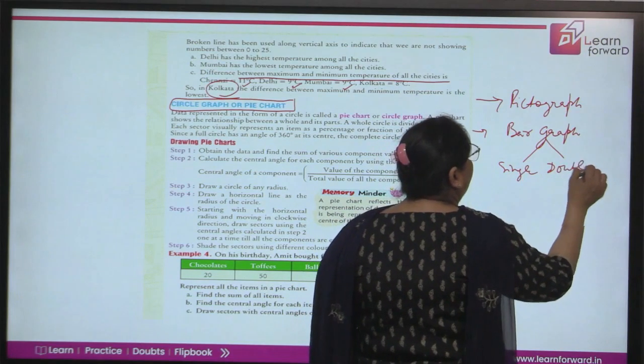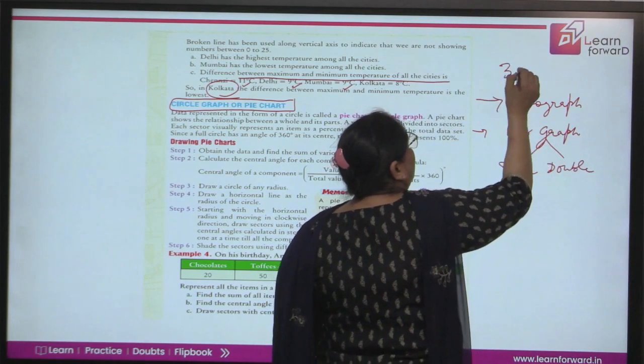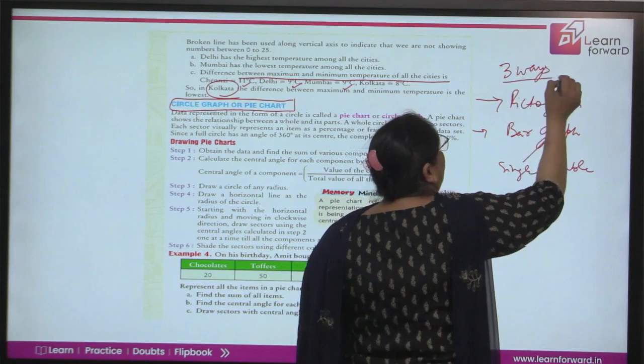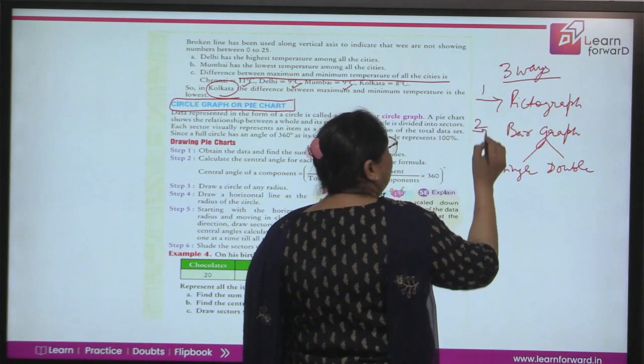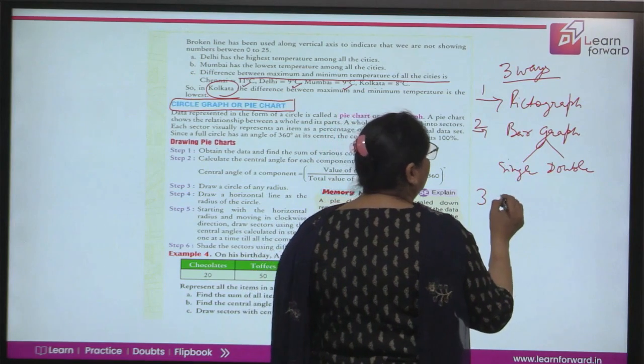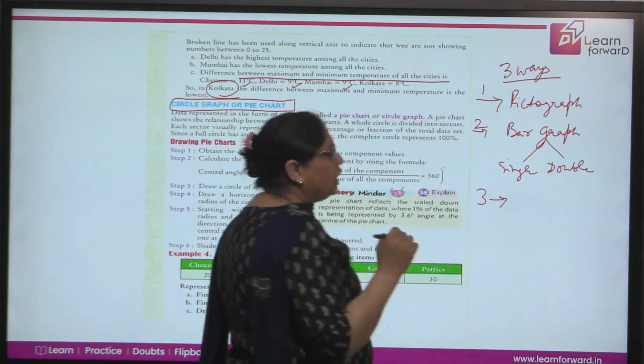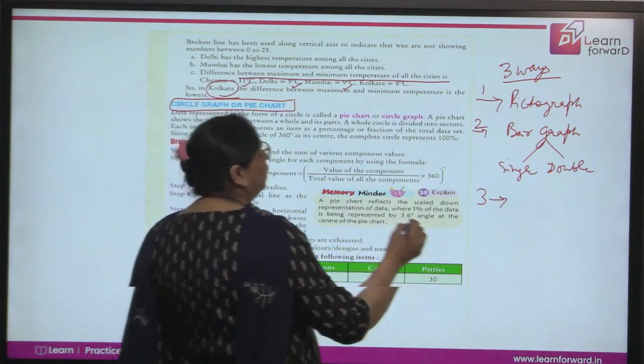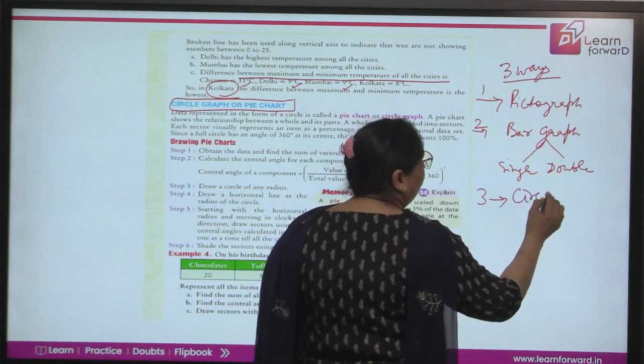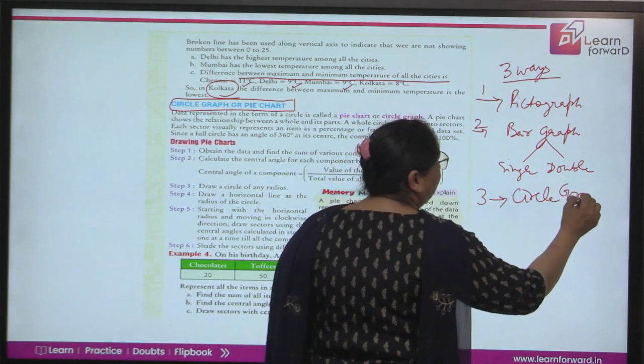These are three ways of representing data. First one is this one, second one is this one, and third and most important, which we will introduce in class 8, is the circle graph, or pie chart.